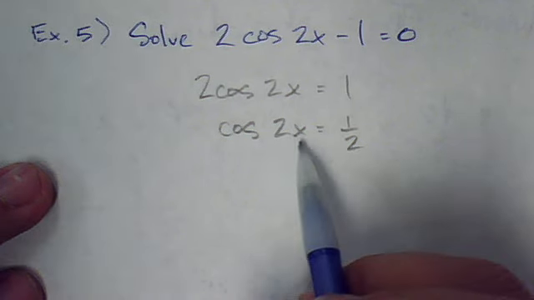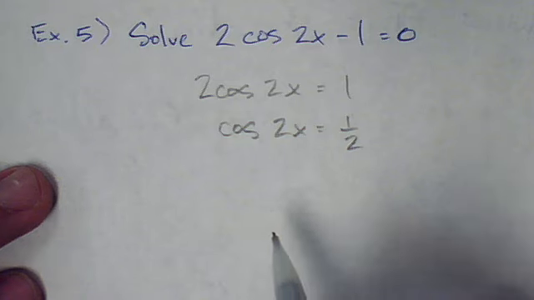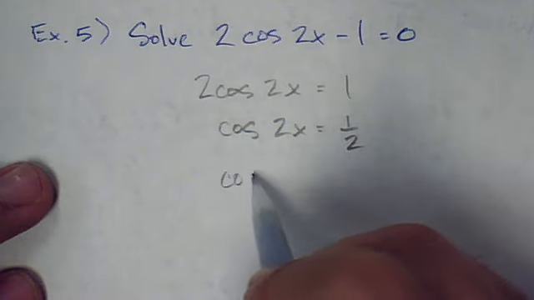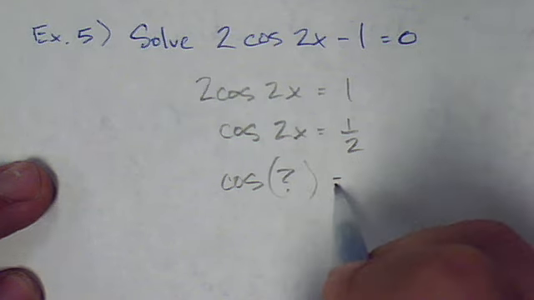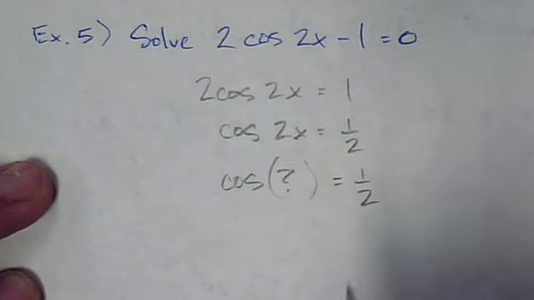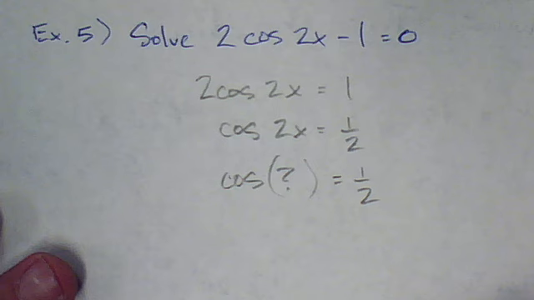Anytime you get what we call a weird angle, a scary angle in there, something other than x, we want you to just replace that with a question mark and figure out at what angles cosine equals 1/2.